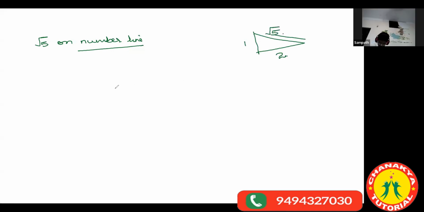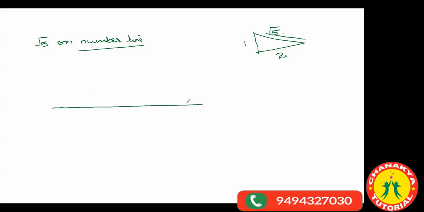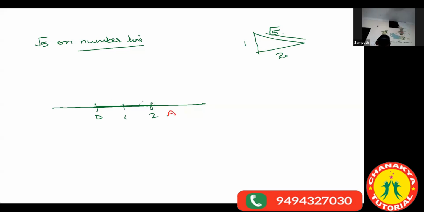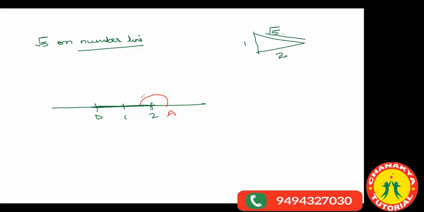So draw a number line. This is 0, this is 1, this is 2. Now what you can do here, you can draw a 2 centimeter line segment and mark this point as A. Clear? Now again at A point, draw a 90-degree angle, beta.